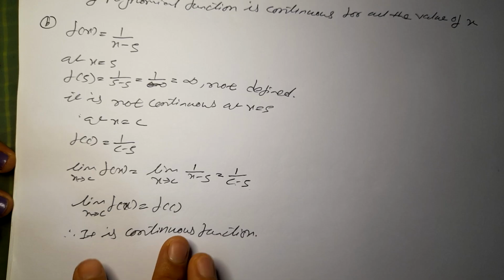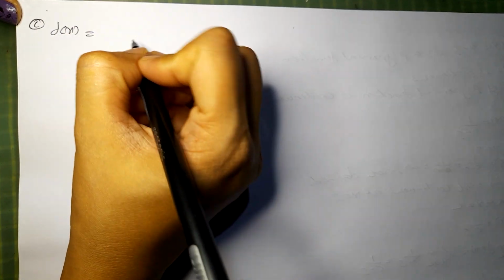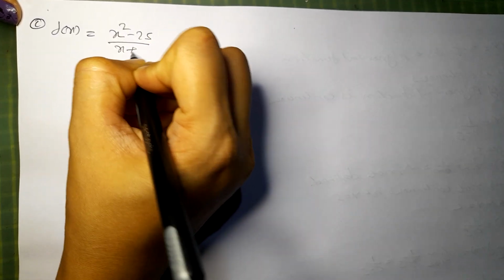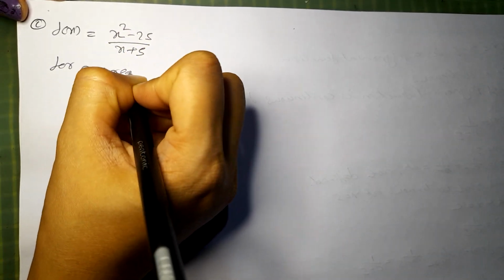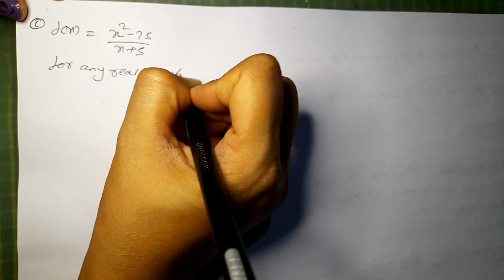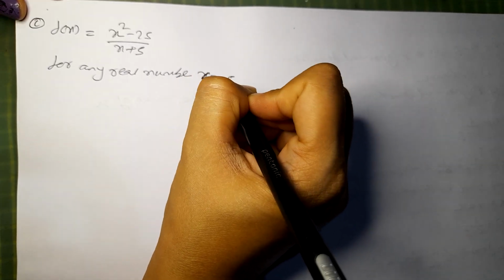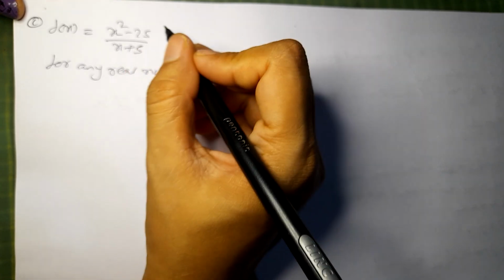Now Roman number C, f of x is equal to x square minus 25 divided by x plus 5, for any real number c not equal to minus 5, because if we take minus 5, the denominator gives 0 and it will give infinity.